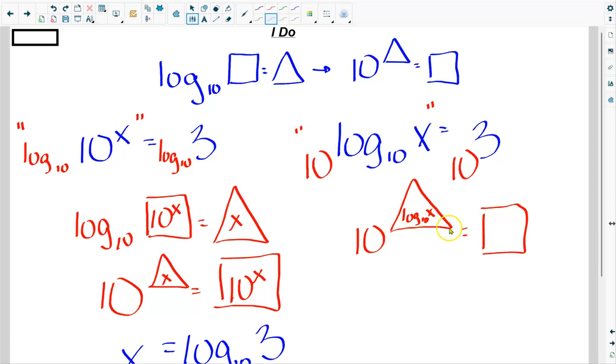But this doesn't help us, so we're going to use our understanding of inverses, or in this case, a logarithm, okay? So I'm going to write it as a log base 10 of box should equal what? The triangle, which is log base 10 of x. So how do I get what needs to go in this box? Log base 10 of something to equal log base 10 of x.